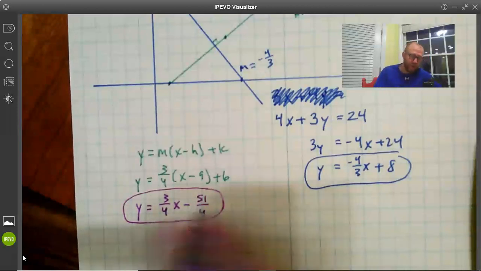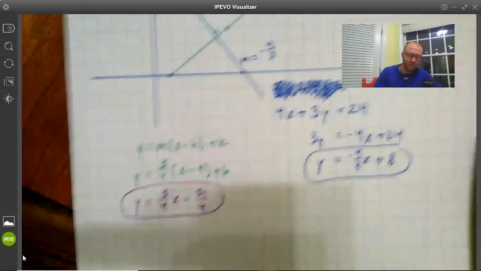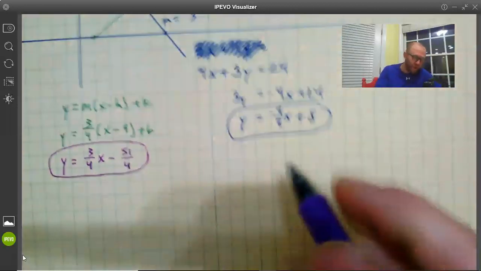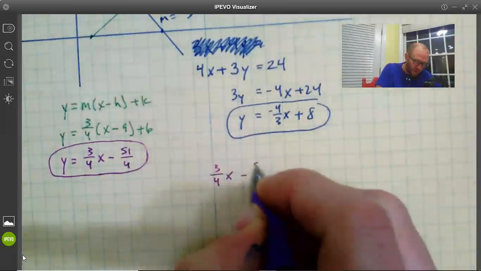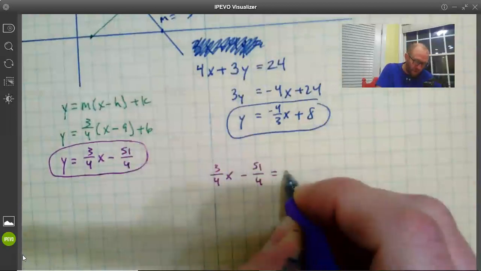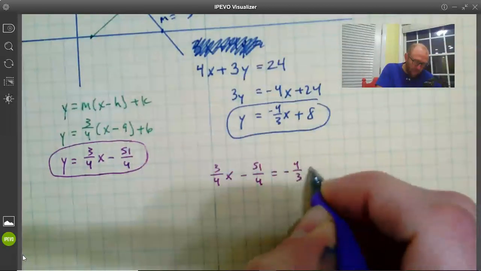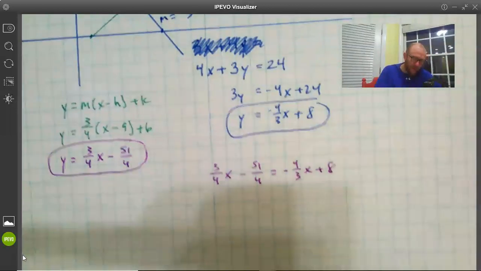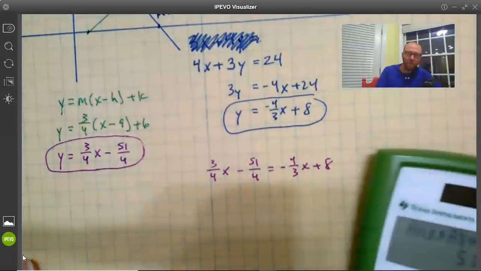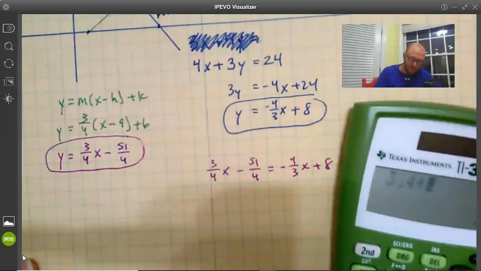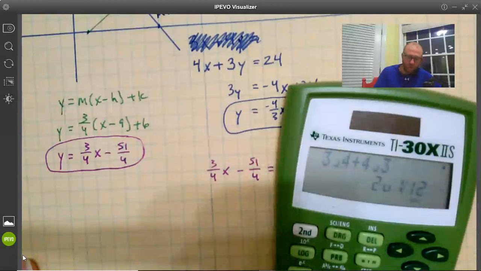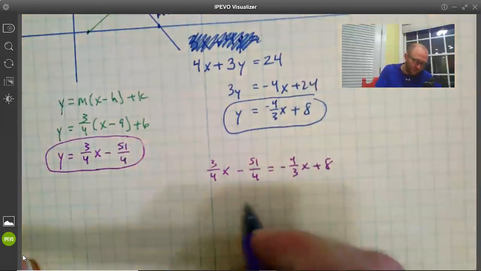Now we'll take the mx plus b portion of each equation, set them equal to each other, and then solve for x. So we've got 3/4 x minus 51/4 equals negative 4/3 x plus 8. So let's see, I'll add 4/3 x to each side. 3/4 plus 4/3 gives us 2 1/12, which is 25/12.